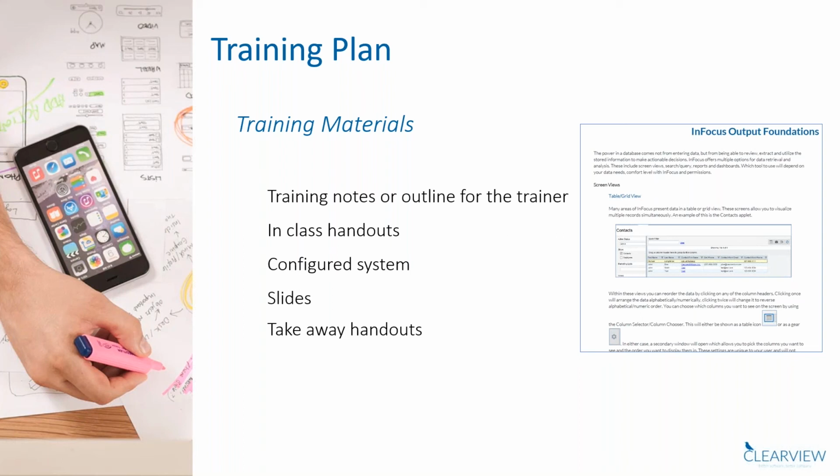But the training materials that I really believe are important when you're putting together a training plan is, first of all, training notes and an outline for the trainer. We're going to talk in a minute about who is the best to do training, but I believe that you should be able to have multiple people in your company able to train on the same thing, but the training be the same.